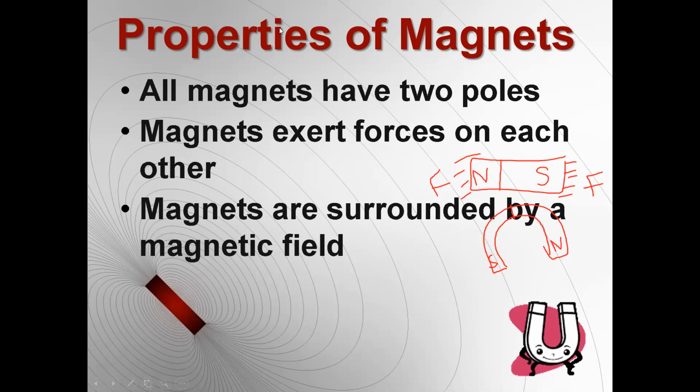The field is strong at this part and weak at this part. So the properties of magnets: they must have two poles, south and north, a magnetic force on each side, and a magnetic field around them.